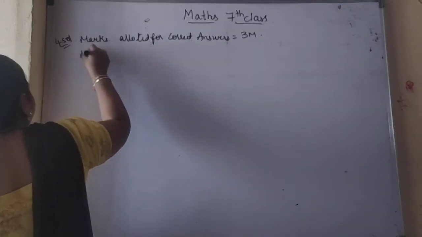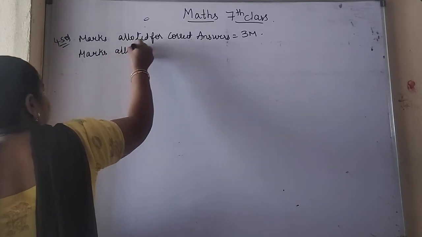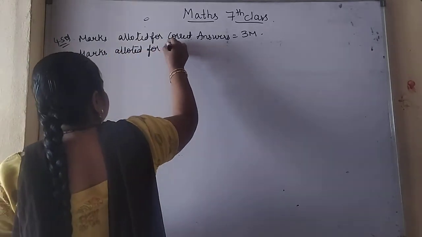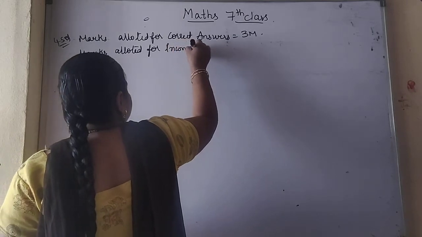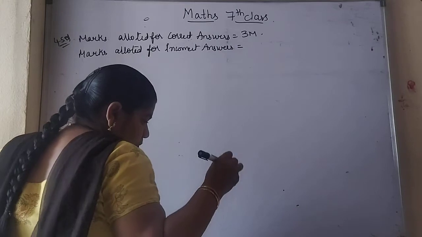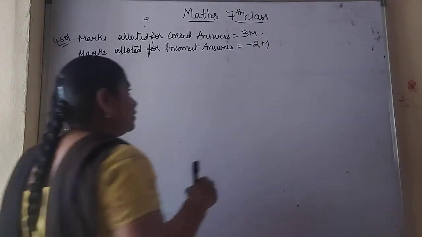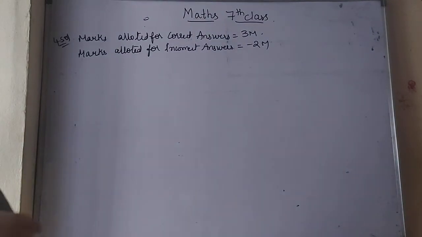And marks allotted for incorrect answers is how much? That is minus 2 marks. So if it is incorrect they are reducing 2 marks from that.